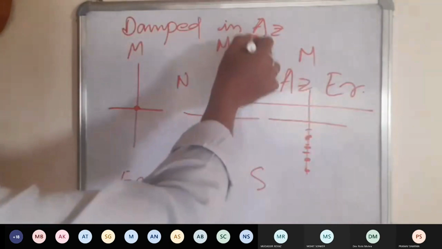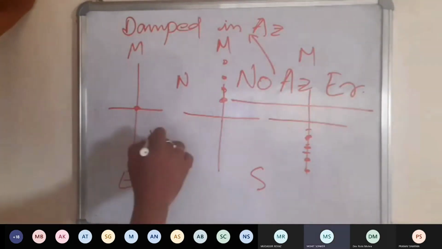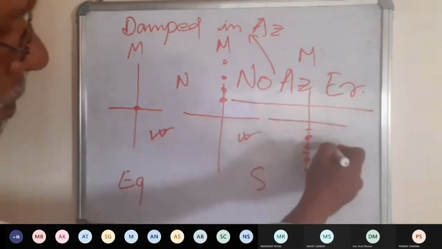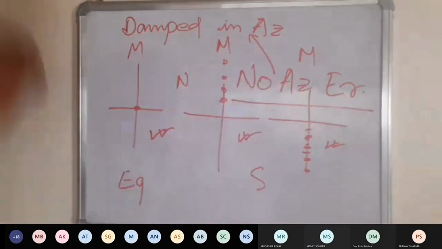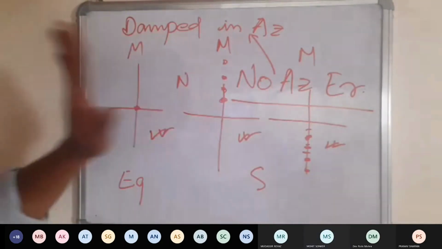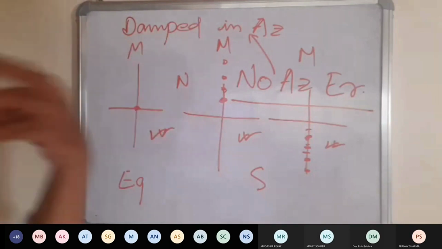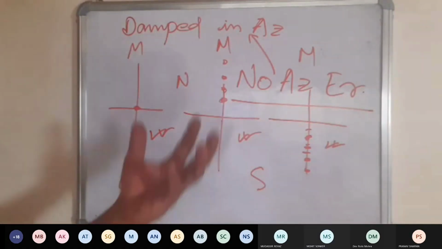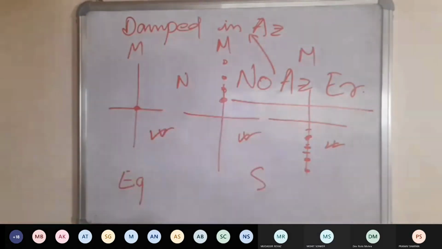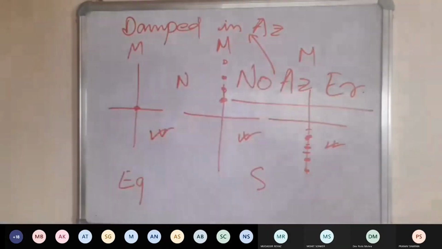Where? When the compass is damped in azimuth. So this is the settling of a compass which is damped in azimuth. No damping error, so no formula, nothing to consider. Wherever you see a question where it says you have a compass damped in azimuth, you can say goodbye to azimuth error.